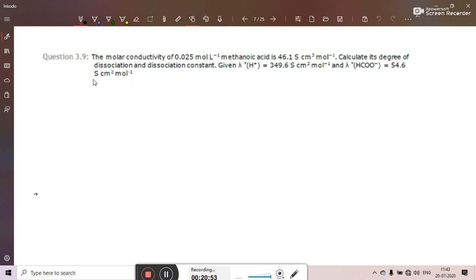Now in-text question 3.9 is, the molar conductivity of 0.025 mole per liter methanoic acid is 46.1 Siemens centimeter square mole inverse.